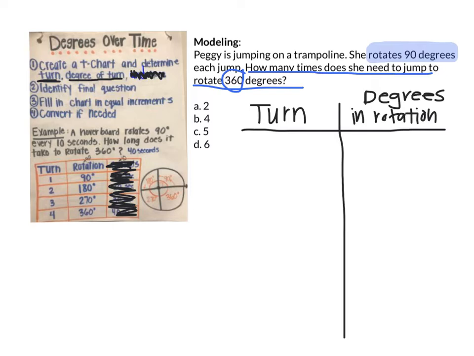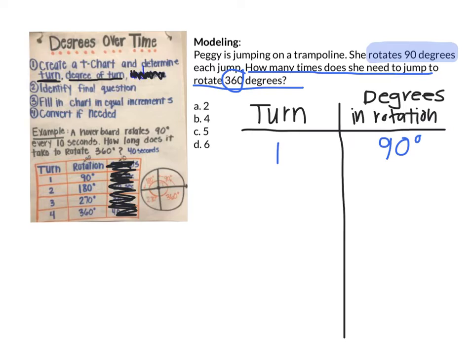So we always determine our first turn and our first degree in the turn by looking at the problem. So I know for each jump, she rotates 90 degrees. So for my first turn, or my first jump, she rotates 90 degrees. That 90 degrees tells me the rule of our pattern here.